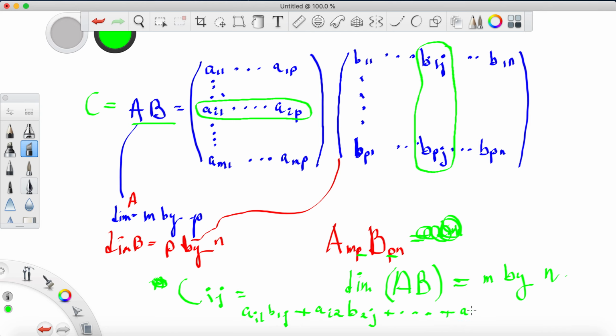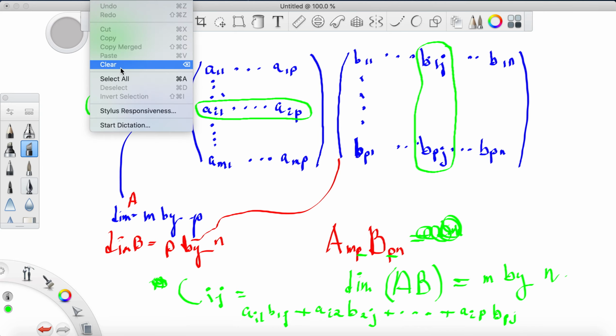And at the end, you multiply A_ip and B_pj. The neat thing about this is, if you take a moment and think about it, doing multiplication like this will give you exactly m times n many entries, which is exactly what you need for the dimension of AB to be m by n.